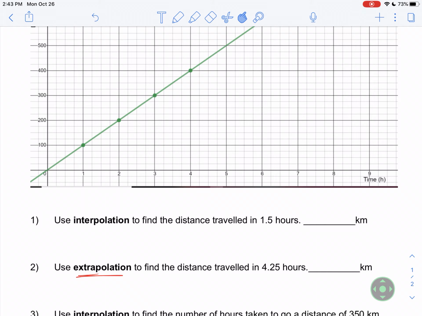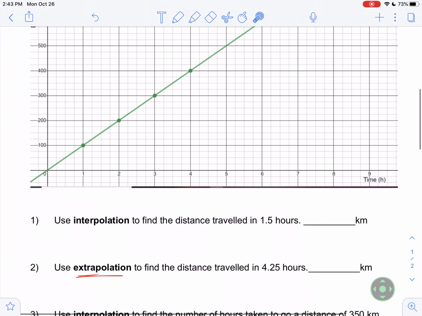So use interpolation to find the distance traveled in 1.5 hours. Well, 1.5 hours is between the points (1, 100) and (2, 200). Because they're in between, we call this interpolation. Okay, so what you're going to do is go to your x-axis or your horizontal axis, the time axis.